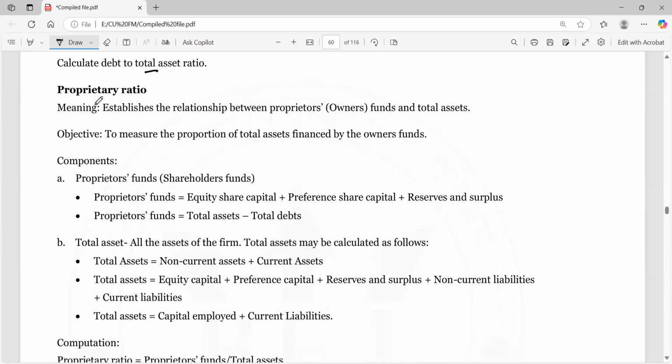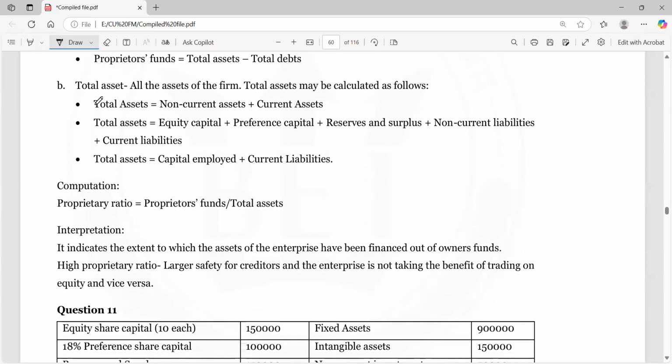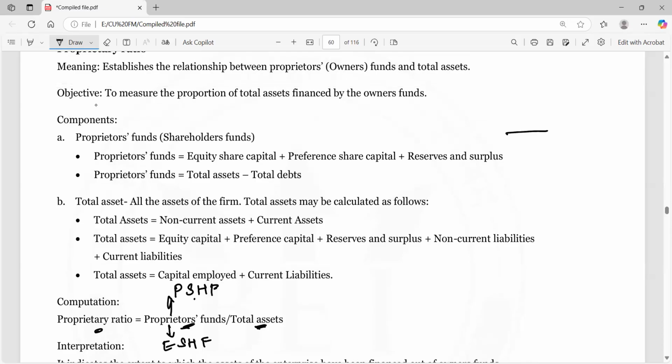In calculating proprietary ratio, in the numerator we have to take proprietors fund, which includes preference shareholders fund as well as equity shareholders fund, and we will divide it by the total asset. So this ratio tells us what portion of the total asset is financed using preference share capital and equity share capital. Clear? And here we have different formulas for calculating shareholders fund and total asset, which need to be used based on the situation, right?